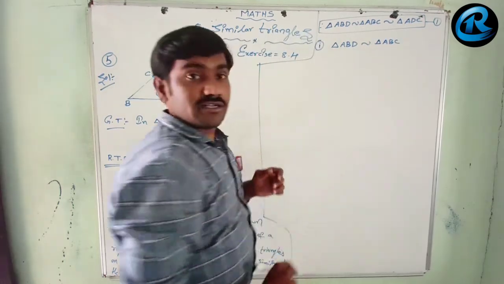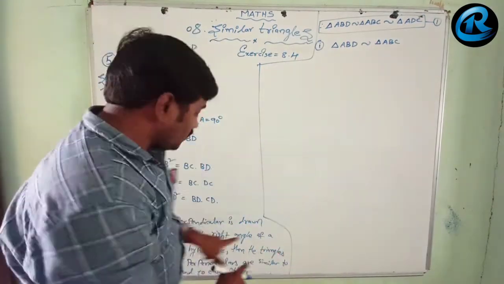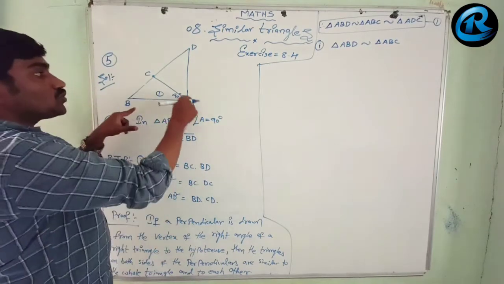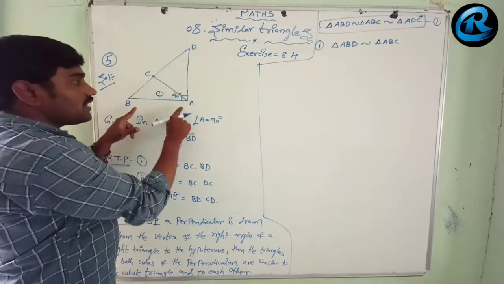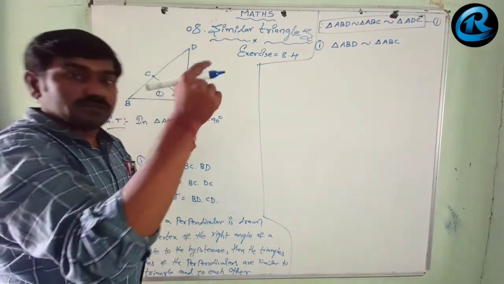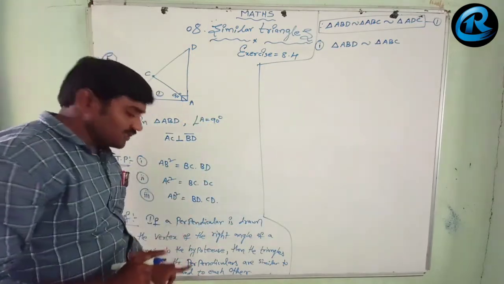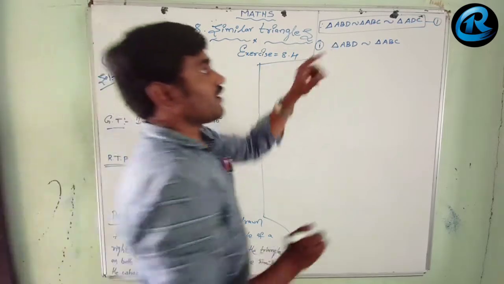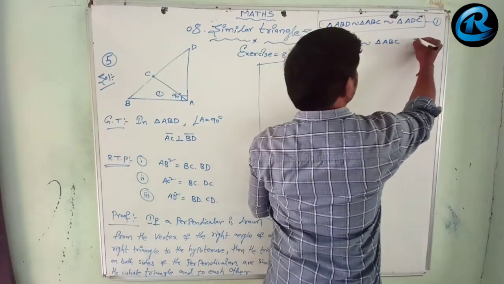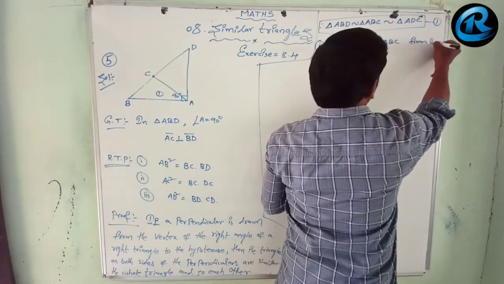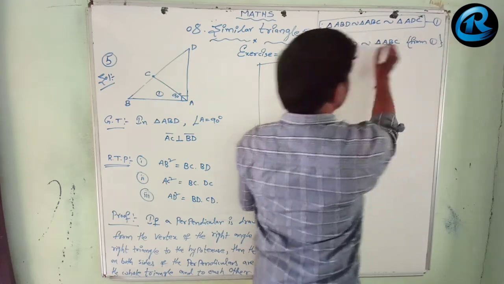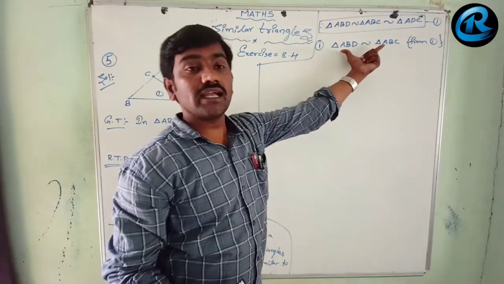These two triangles are similar. If you don't write the theorem, we have to show that triangle ABD and triangle ABC are similar, then you can go for their corresponding sides. If you write the theorem directly, we can write from 1. From 1, these two triangles are similar.